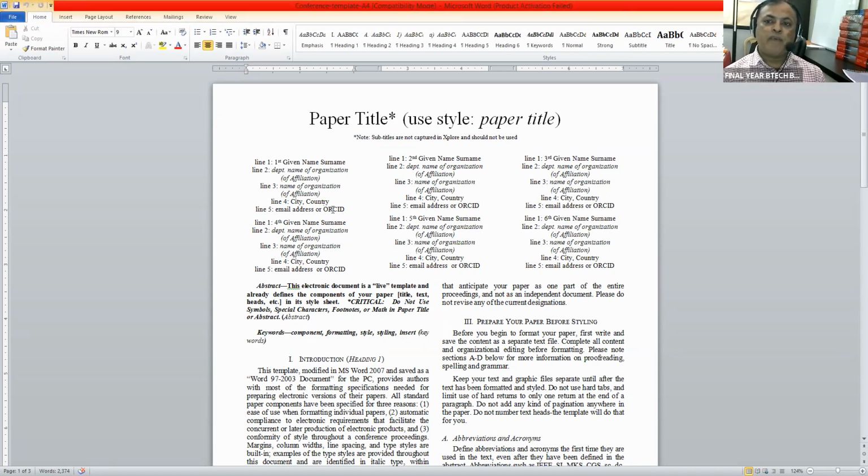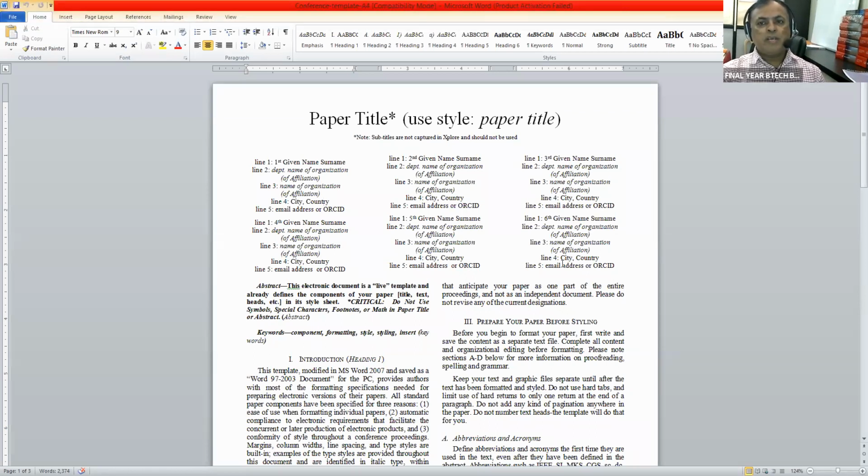Through Scopus, you can find this ORCID ID. I have an ORCID ID, which I normally use. Even if that ORCID ID is there, you can be identified by the other authors very easily. So this is how you can write the author and affiliation.